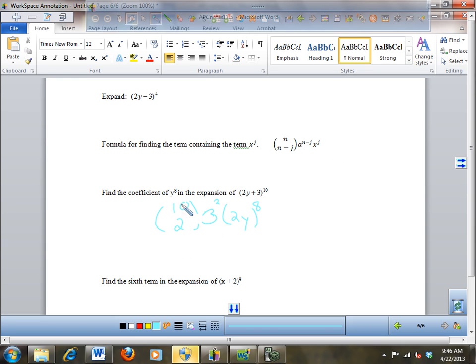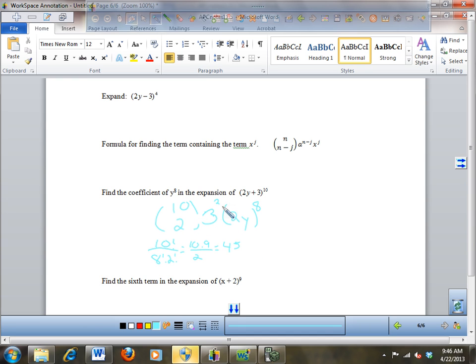So this is going to be 10 combination 2, which is 10 factorial over 8 factorial times 2 factorial, which is 10 times 9 divided by 2, which is 45. You could do that on your calculator.